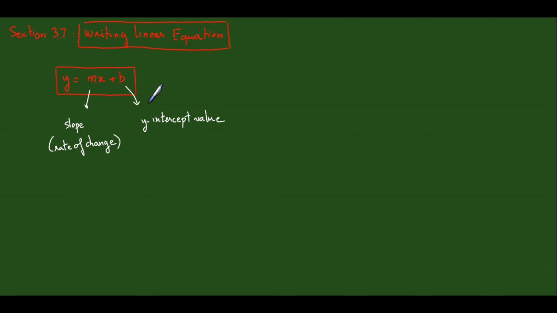But if you write it in ordered pair form, then we have a y-intercept point. The y-intercept point will be (0, b) in the coordinate system in ordered pair form, right? And we already know that the y-intercept point is the intersection point between a line and the y-axis, right?